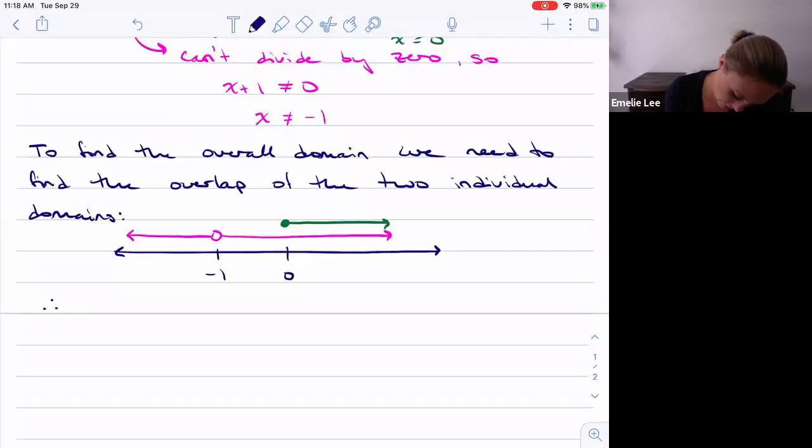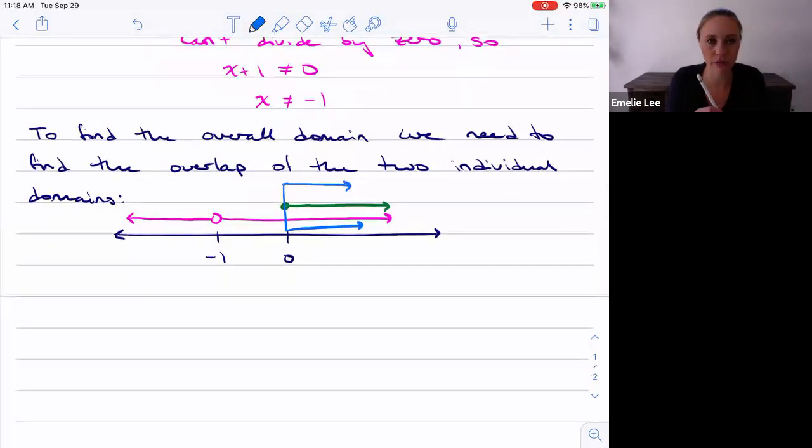So therefore, the overall domain, actually, let's do it in a different color here. Oh, dropped my pen.